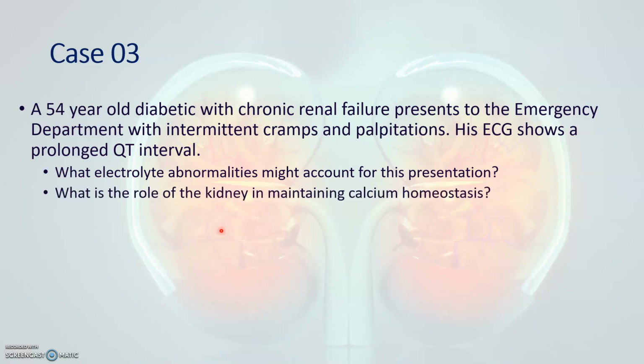The role of the kidney in maintaining calcium homeostasis, and the likely cause of this patient's hypocalcemia. So when we look at a prolonged QT interval in a patient like this, we need to think about hypocalcemia, but also hypomagnesemia and hypokalemia. The three of these can actually go together.